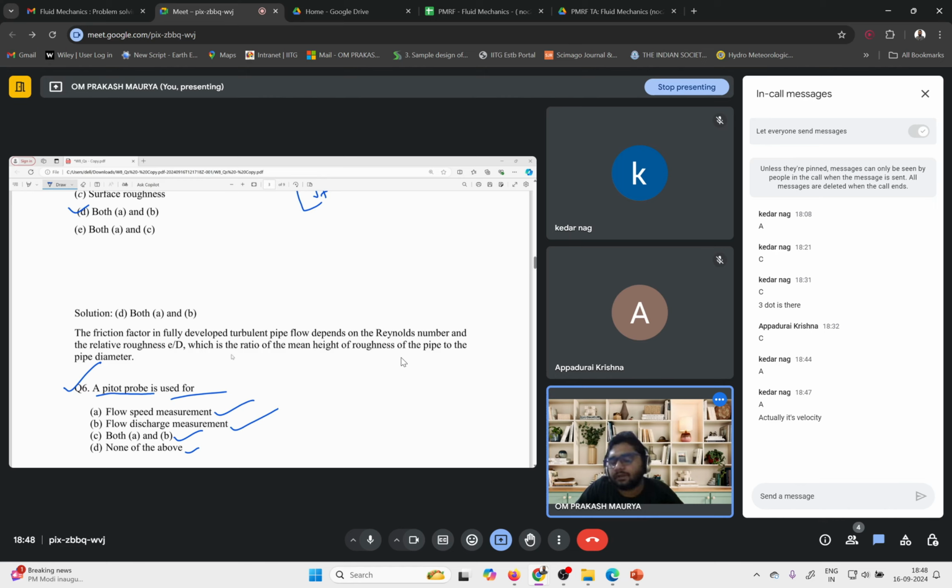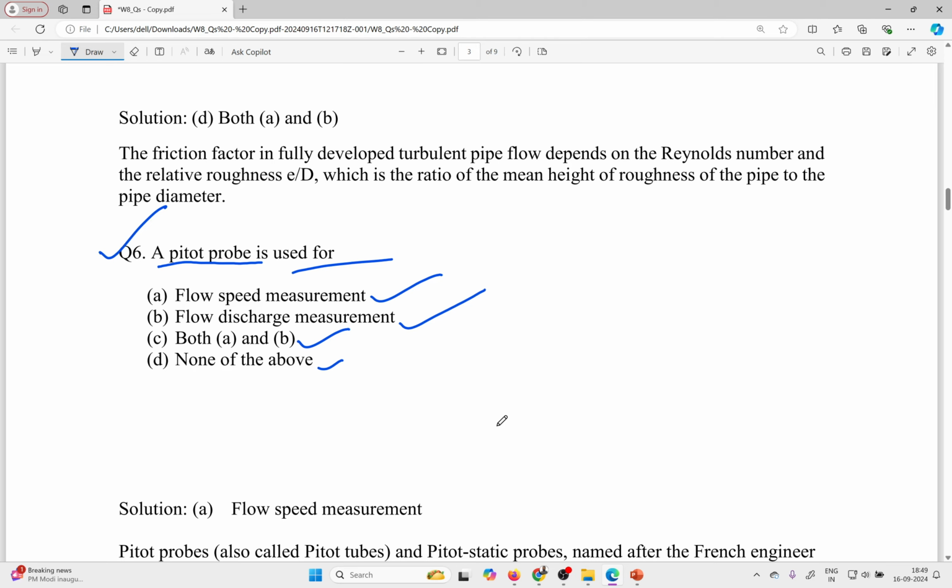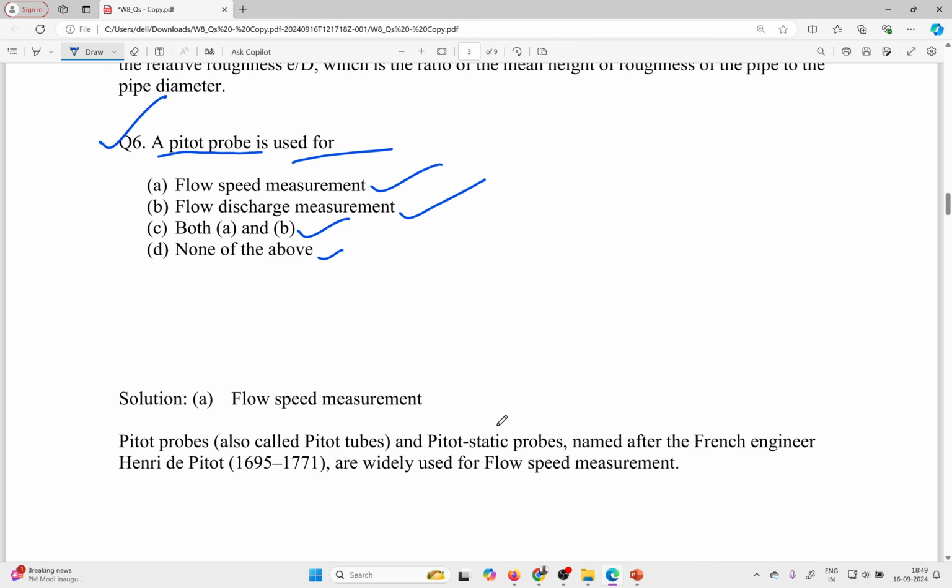So applying the Bernoulli equation, if you know the pressure, you can calculate the velocity. Because the answer options are like that, you need to choose one option here, whether A, B, C, or D. You are telling, I think, about the units of the pressure. Yes, definitely. Here we measure the speed.